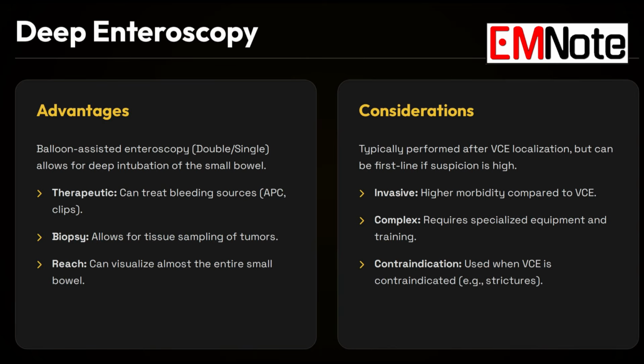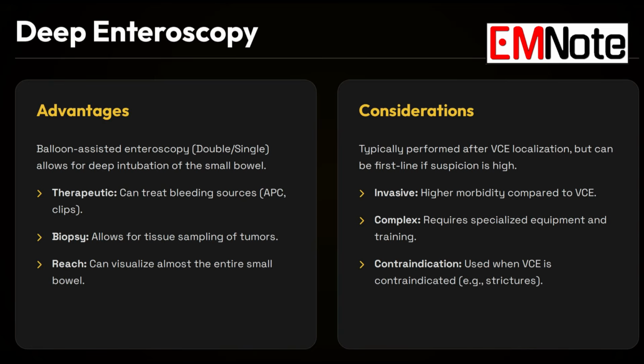How far can you actually go with, say, a balloon-assisted scope? Depending on whether you go from the mouth antegrade or from the rectum retrograde, you can achieve visualization of up to 90% of the small intestine. Which is incredible. It is. The ability to scope, locate, and treat all in the same session is what makes it so powerful.